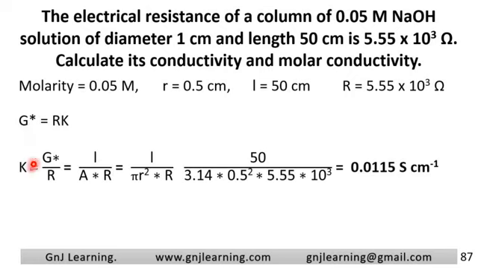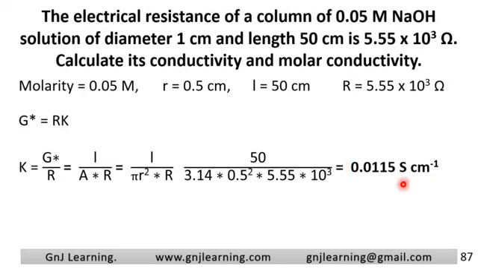K is equal to G star by R. G star is nothing but L by A, so I substitute L by A instead of G star, divided by R. L is given as 50, and A is pi r square, because the column has a cross-sectional area of pi r square, that is 3.14 into 0.5 square, and resistance is given as 5.5 into 10 raised to 3, and I got kappa.